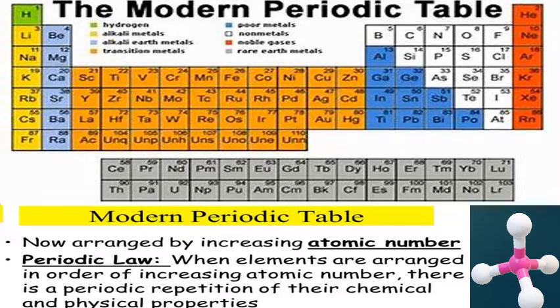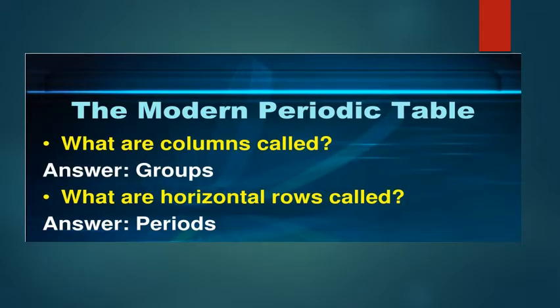Look at this periodic table, now arranged by the increasing atomic number law. When elements are arranged in order of increasing atomic number, there is a periodic repetition of their chemical and physical properties.